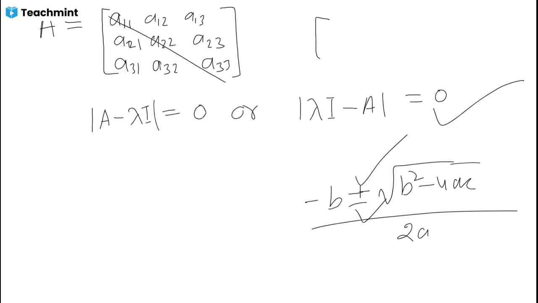If we have 2 by 2, obviously we'll have 2. That is why the number of eigenvalues will always equal the order of that square matrix. Now got this point? That was the first point of the proposition.